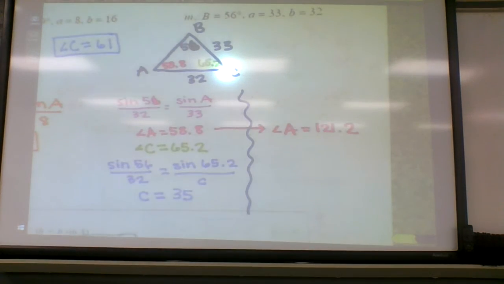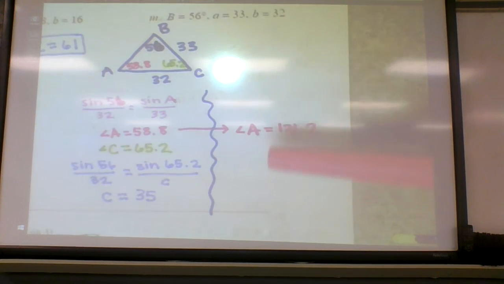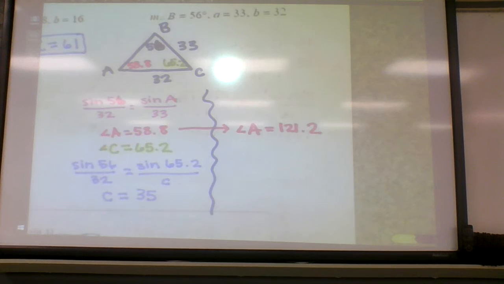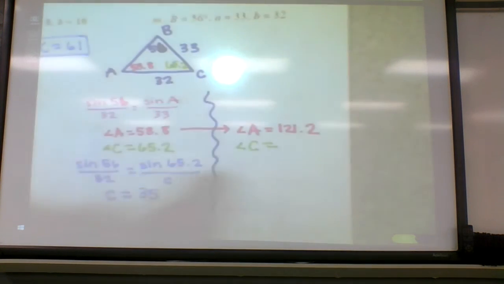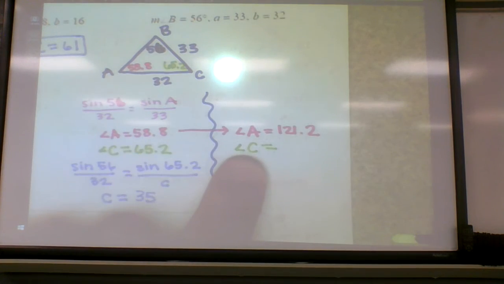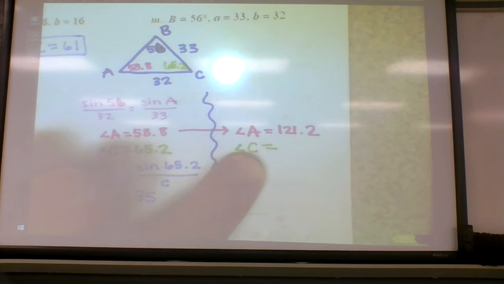And so what you're going to do is literally take it from here and do the exact same things. Find angle C and then find side C, all based off of this new angle. So to find the new angle C, you're going to use 180 minus the angle that we had, which was 56, minus the 121.2.